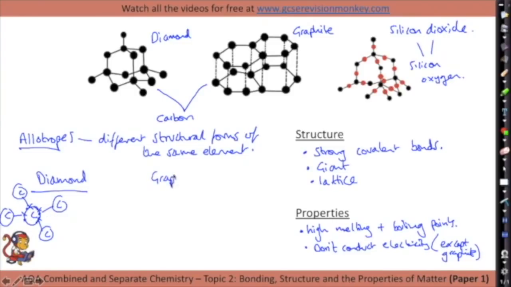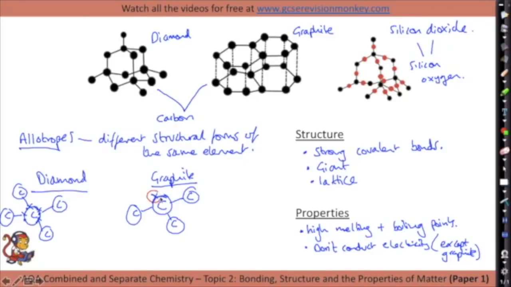However, with graphite, it only makes 3 covalent bonds with each of its carbons. Therefore, it has a spare electron on each of its carbon atoms, which is delocalized. It's allowed to move throughout the structure.